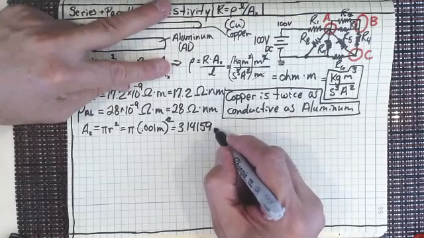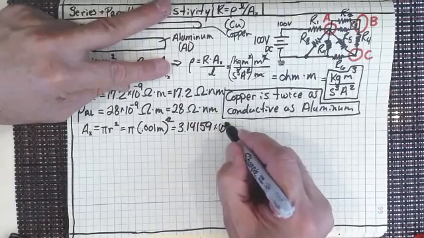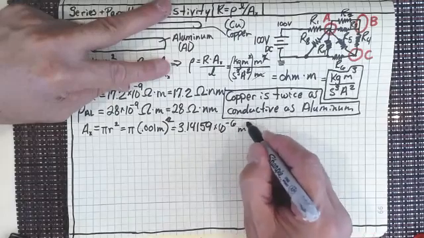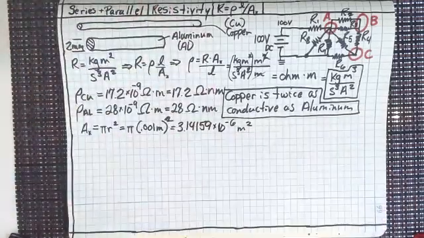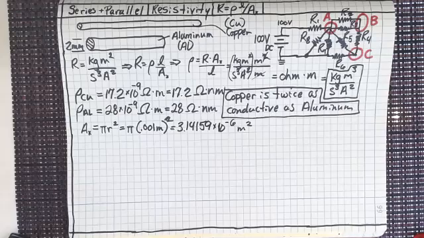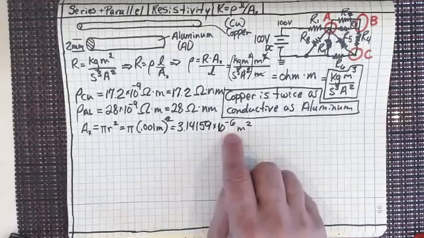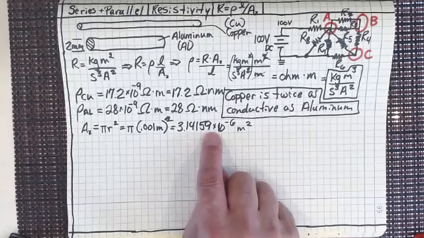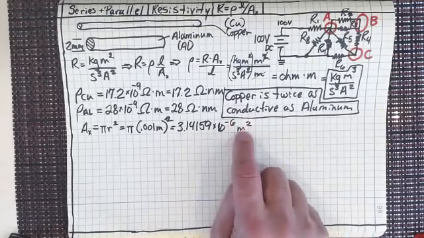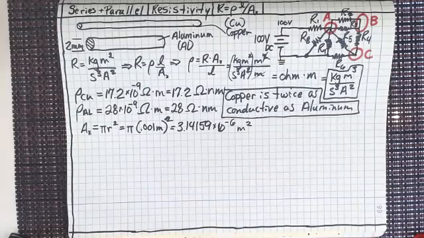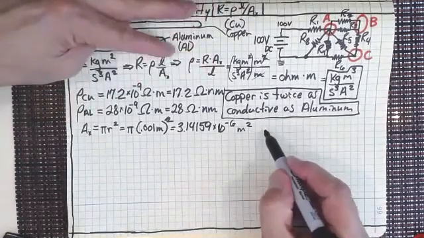Times 10 to the minus 6 square meters. I'm probably saying times 10 to the minus 6 square meters. Does that mean it's a micron? No, no, no, it doesn't. The 10 to the minus 6 of course refers to the 3.14159, and that's 10 to the minus 6 square meters. I'm sure that you all know and understand that. So that's my cross-sectional area, right?